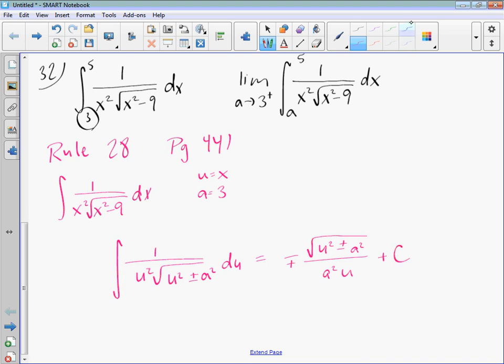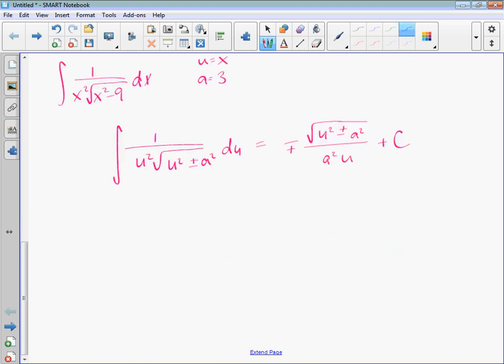Okay, so this is what I'm talking about here, and this is what some of you did wrong. So do you see how it's a minus in this rule here? So we're using the minus, which is the bottom half. So we're going to use the bottom half. So we would use this plus here, and we would use this minus here when we write our rule. That's with any of them that have the plus or minus thing, okay?